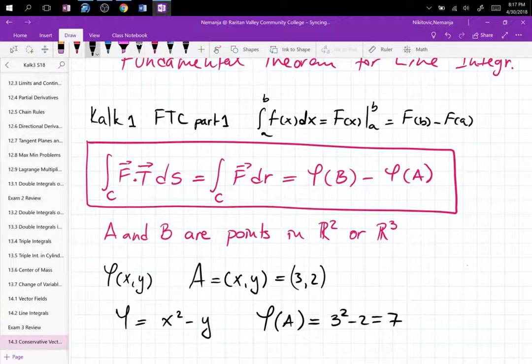All right, a double integral over a rectangular region or a general region. But again, there will be some conditions that you will have to check before you can make the transformation from a line integral into a basic 13.1 or 13.2 integral.